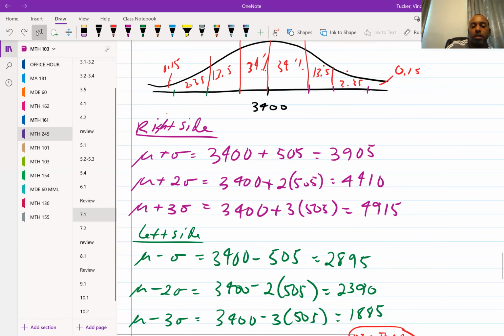All right, any problems? So, a summary of our scenarios. Here are our three scenarios: less than, greater than, or between. Only three scenarios that we're going to have.